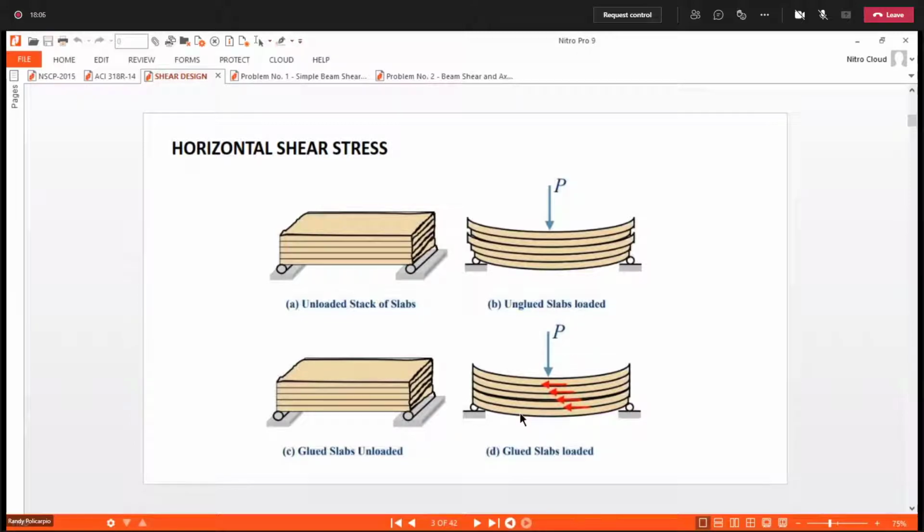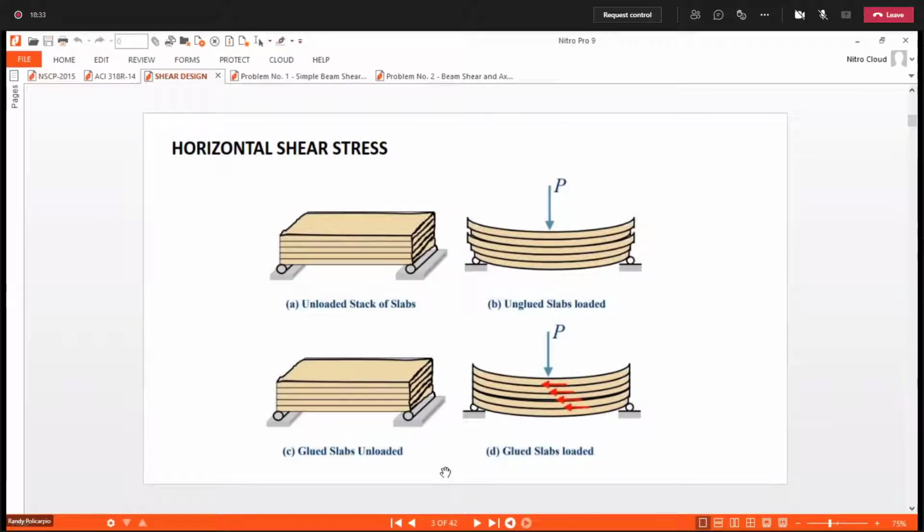The glued part is actually under shear stress. Therefore, the stress developed between the contact surfaces of the stacked slabs is actually a shear stress, and the shear stress is developed in the glued part.